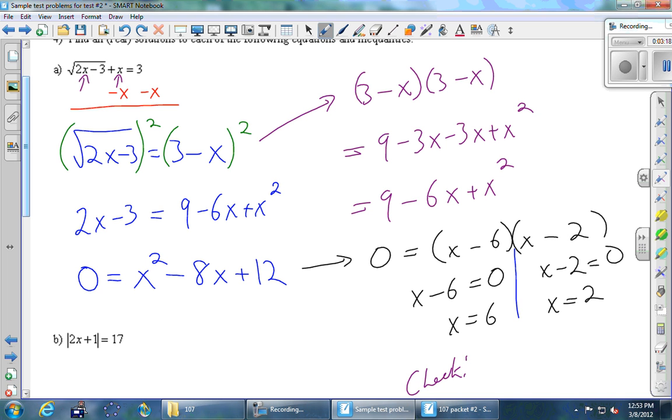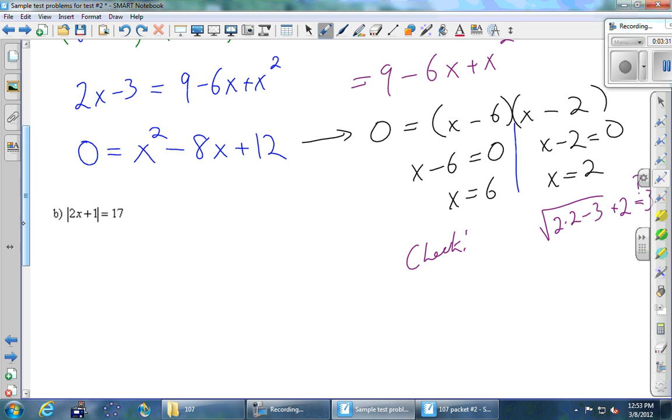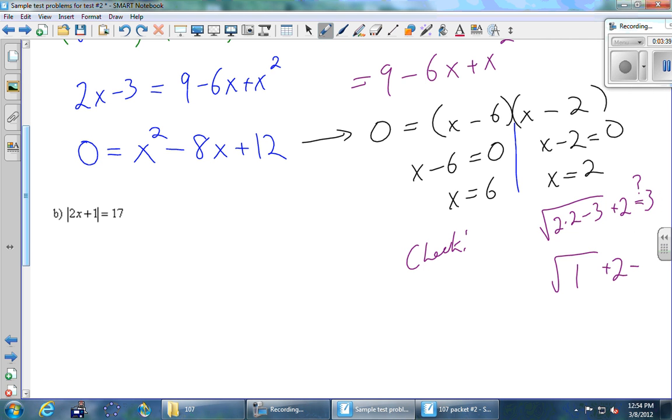So the question is, does the square root of 2 times 2 minus 3 plus 2 equal 3? That's the question. So this is really the square root of 4 minus 3, which is 1, plus 2 equals, with the question mark, 3. Square root of 1 is 1, plus 2, does it equal 3? Yes, it does. So x equals 2 works. That's a solution.